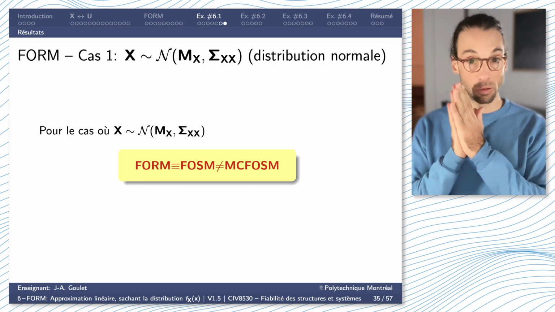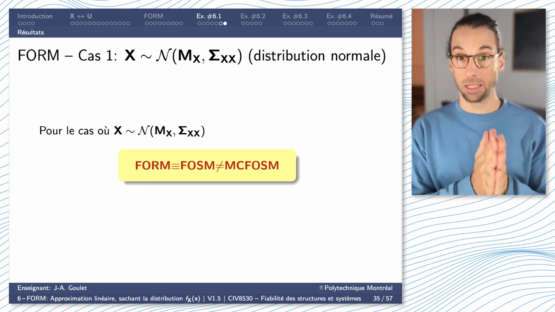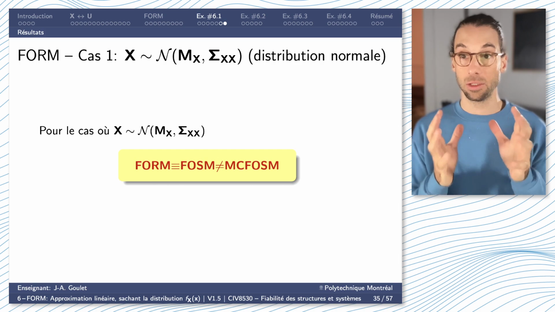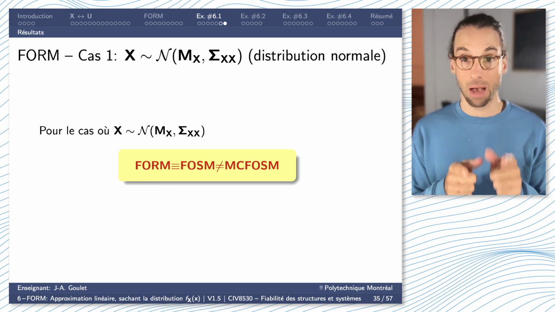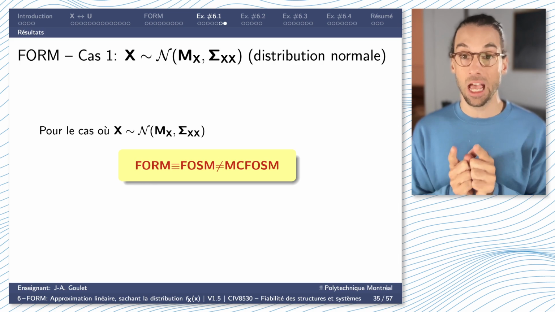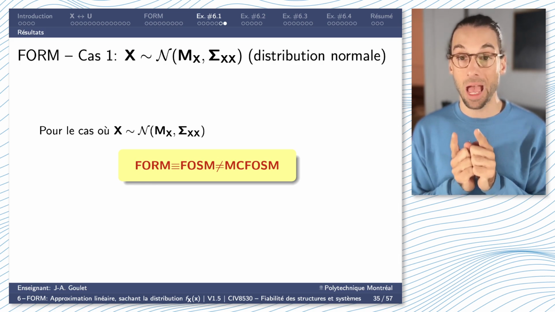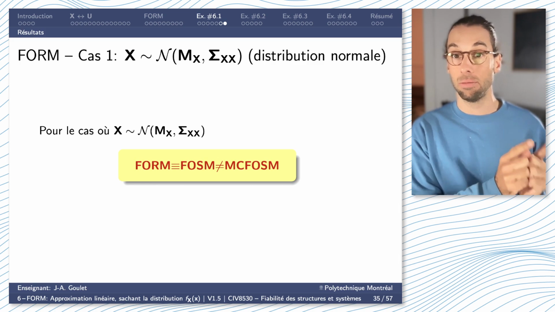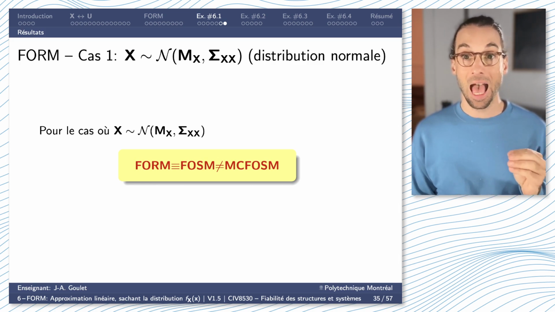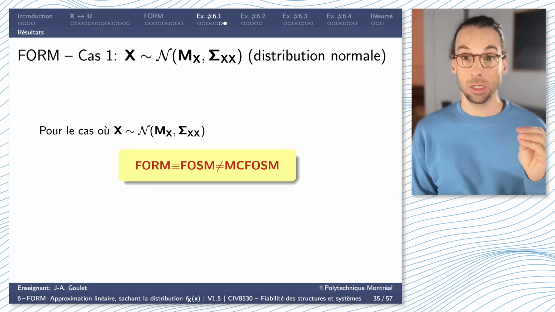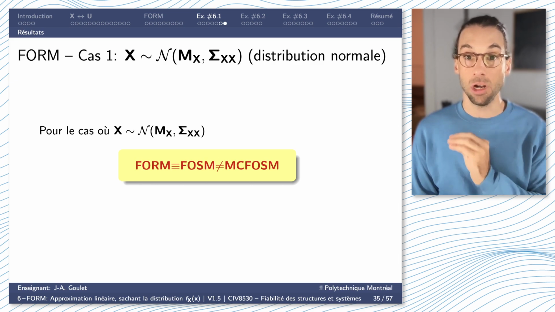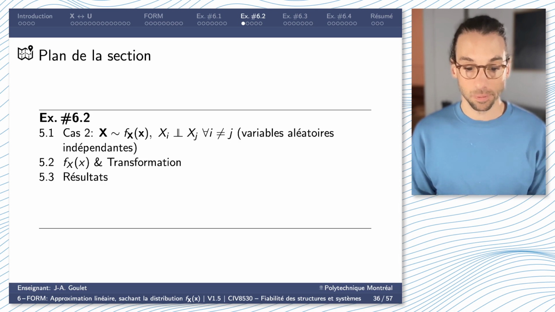Keep in mind, FORM and FOSM, in the case where our joint PDF is normal, are going to be exactly the same. However, this is not equal to MCFOSM because in MCFOSM, MC stands for mean centered, meaning we're not linearizing at the design point, we were linearizing at the origin in the standard normal space.